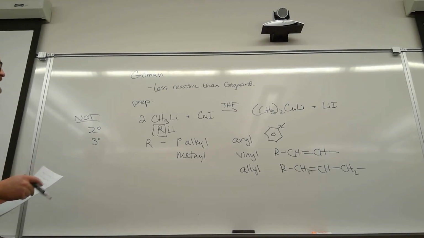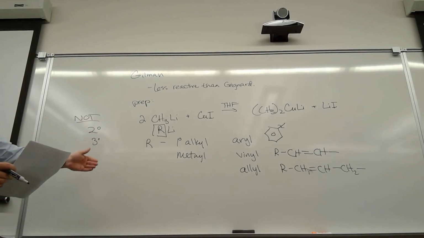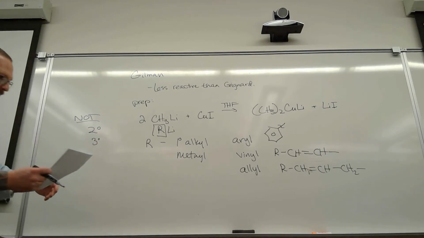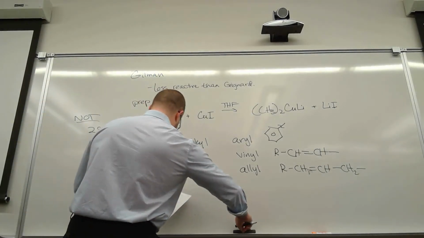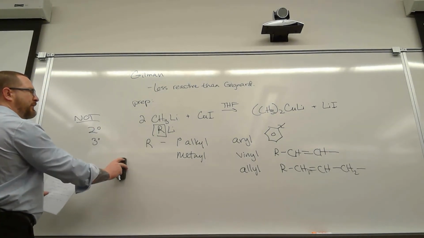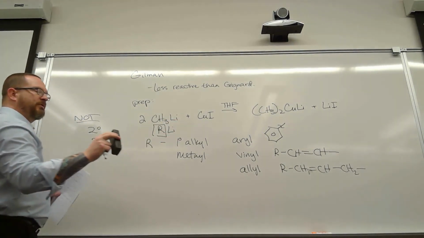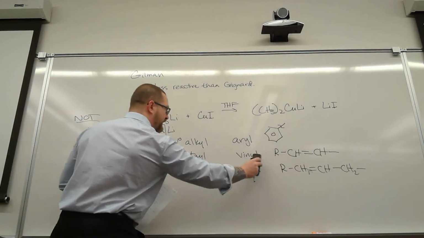So what's the reaction look like? Well, once we've prepped a Gilman reagent, you can now use this to form new carbon-carbon bonds by attacking any alkyl halide. So the R group here for the organolithium compound can be any of these.